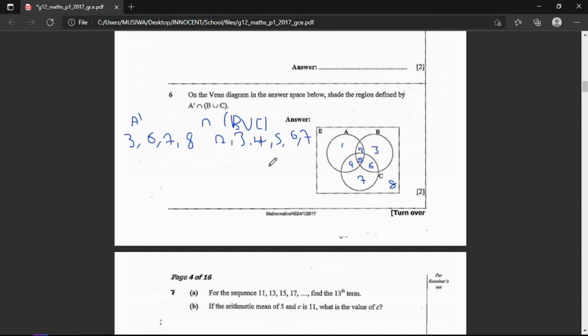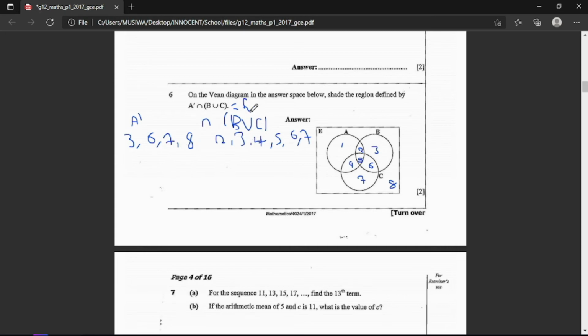Now remember that we have this intersection. What are the common elements on both sides? I'm going to put an equals sign as my final answer to show the region I'm going to shade.